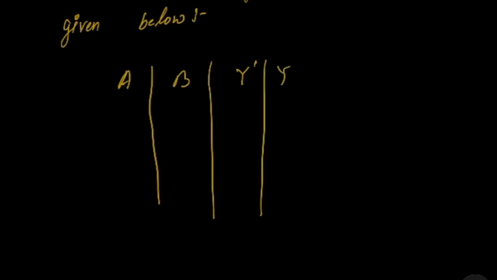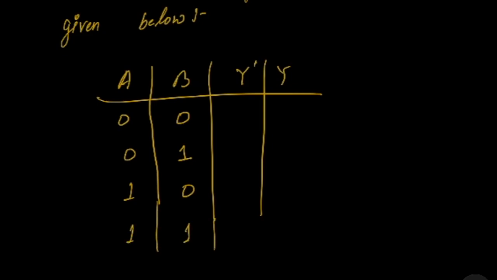So this is the truth table: A, B, Y dash, Y, with 0 0, 0 1, 1 0, 1 1. So this is the truth table. So we have to complete it and name the logic gate.